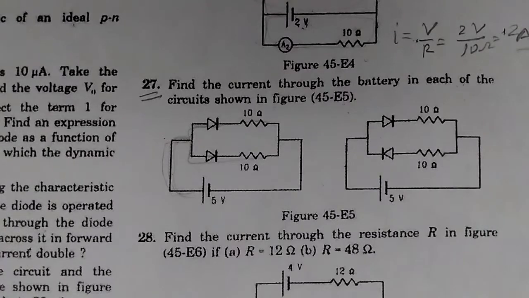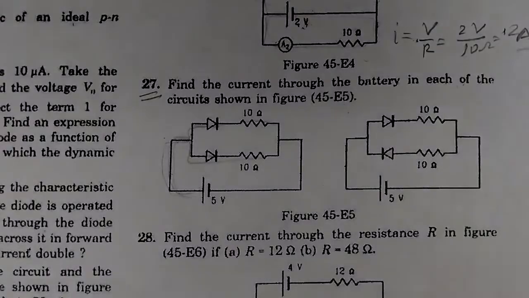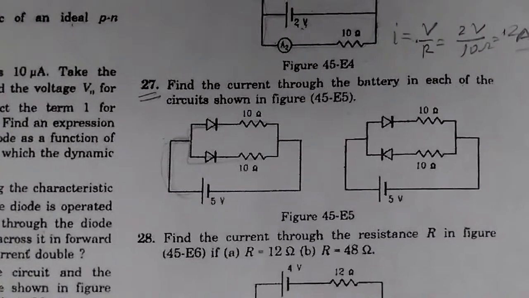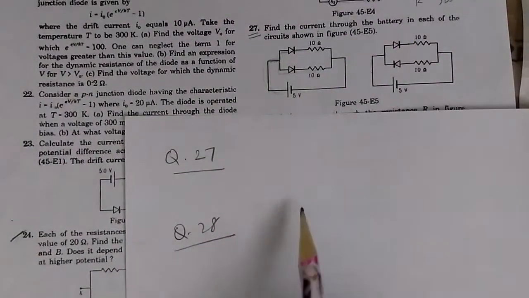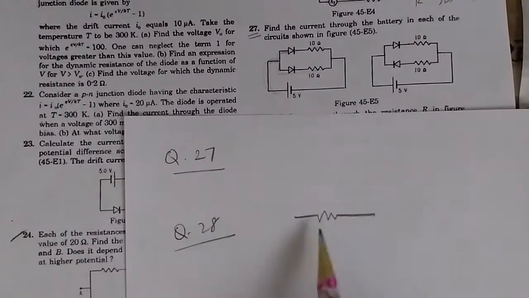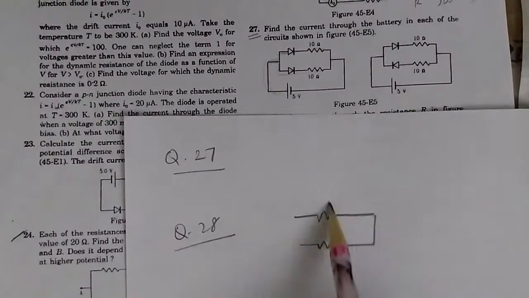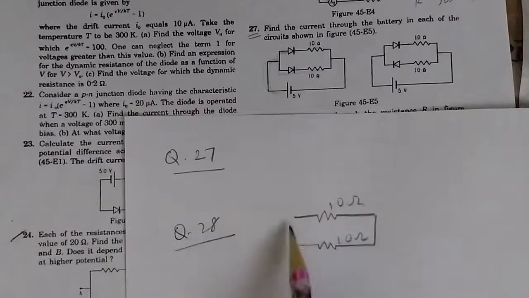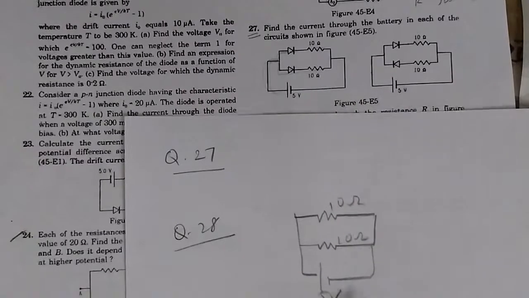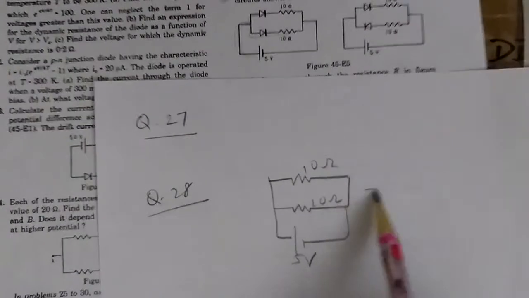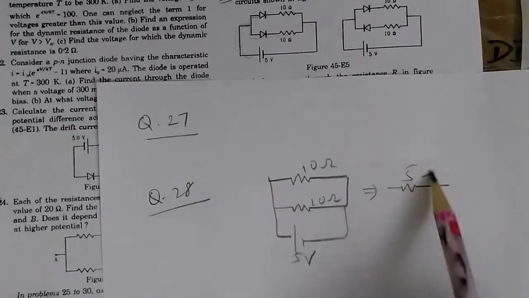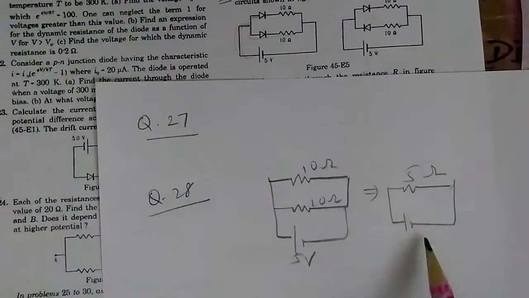So we can replace this circuit with a circuit that looks something like this. This is 10 ohm, 10 ohm, and then this one is a 5 volt battery. These two resistors are in parallel, so this becomes equal to 5 ohm driven by a 5 volt battery.